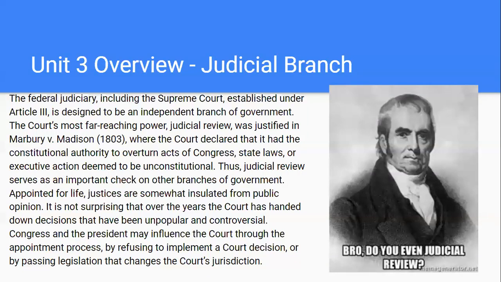So Article 3 of the Constitution is the establishment of the judicial branch. So the judicial branch is Article 3 of the Constitution. It says that all judicial powers will be vested in the Supreme Court.